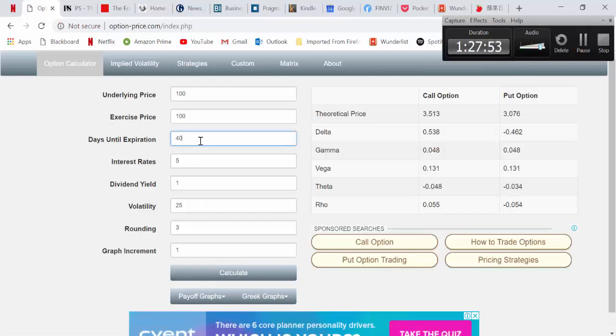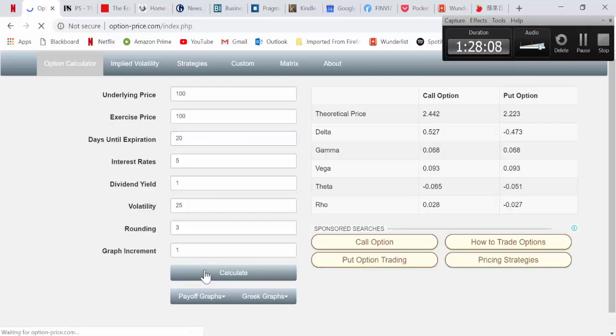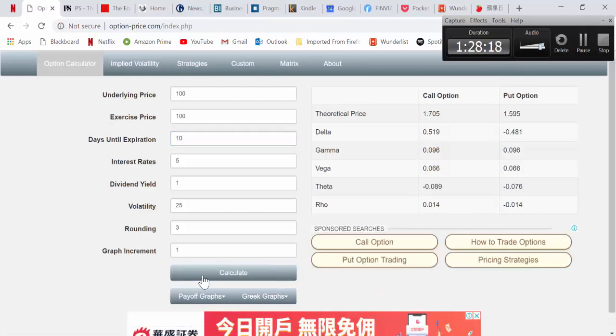Changing a little bit, 30 days, you're going to see some whopping big changes. Now, every day losing 5 cents. 20 days, every day losing 6.5 cents. 10 days, now every day losing 9 cents.